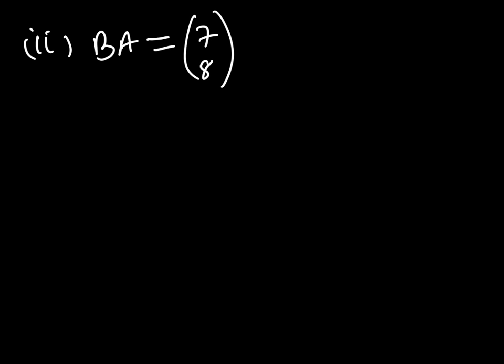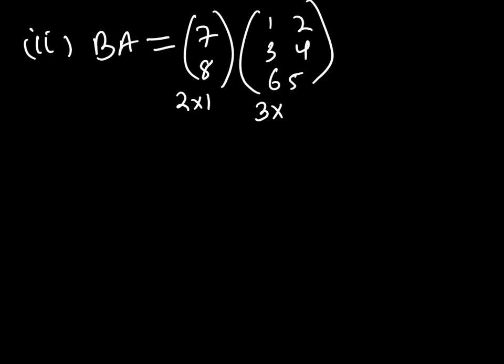Part B, or the second part of the question, was to find B times A. And remember, B is 7, 8. Now we want to multiply it by 1, 2, 3, 4, 6, 5. Okay, this is a 2 by 1, and this is a 3 by 2.